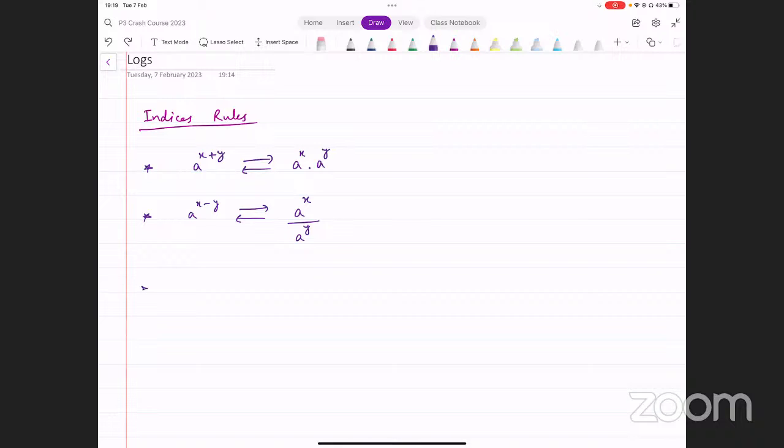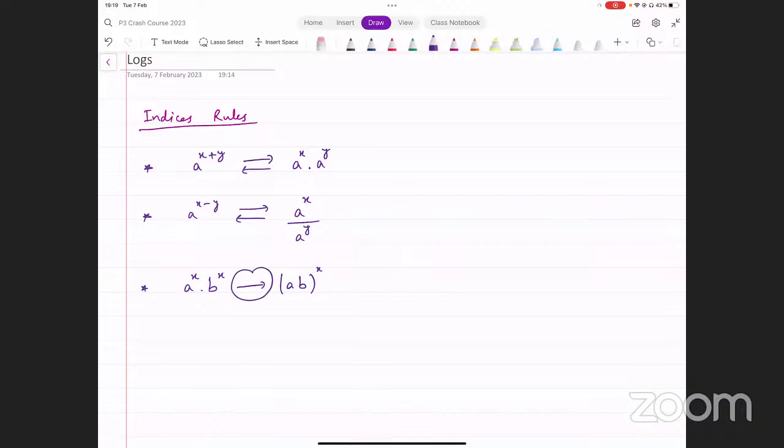Now, similarly, there's another rule that you have. If you have something in this form, a raised to power x into b raised to power x, so there are two numbers or two expressions multiplied and they have the same power, this can be written as a into b whole raised to power x, and also the other way around.